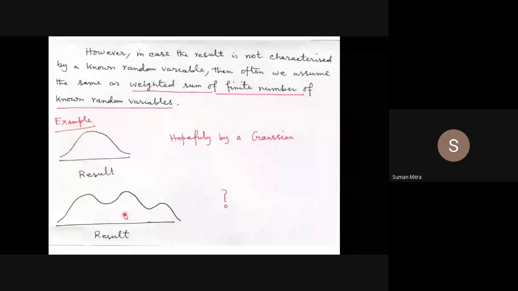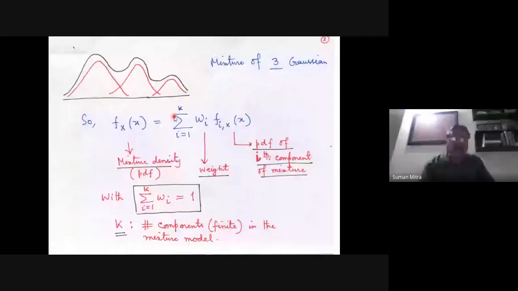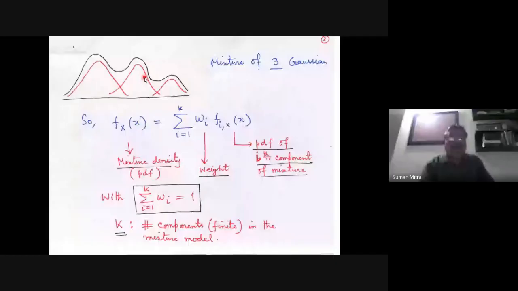When we take a weighted sum of a finite number of Gaussian random variables, we call it a Gaussian mixture model. How many components or mixture distributions are there? 3: 1, 2, and 3. So we call it a 3-component Gaussian mixture model.